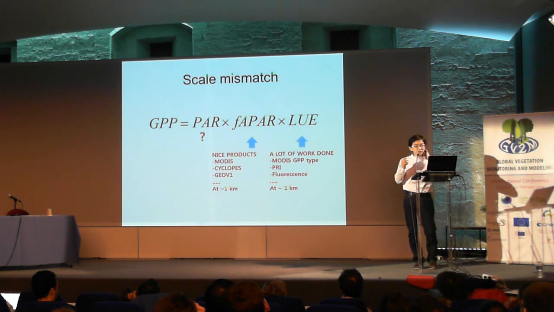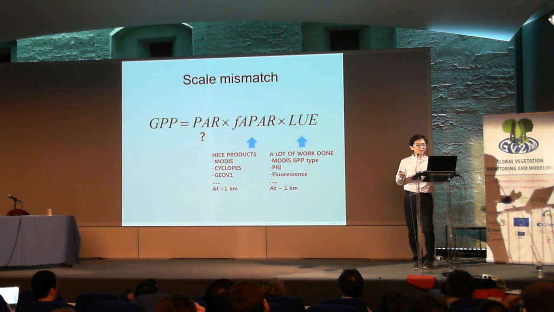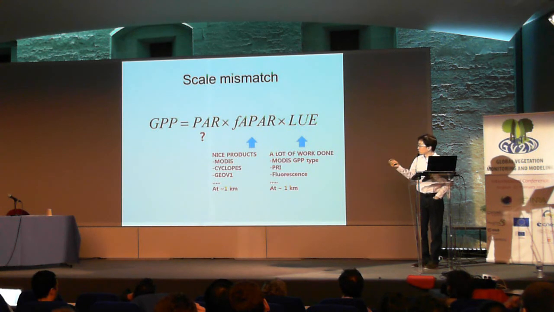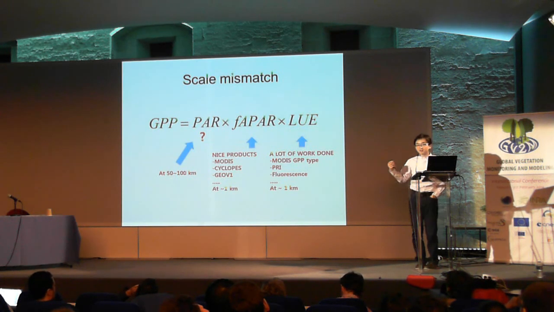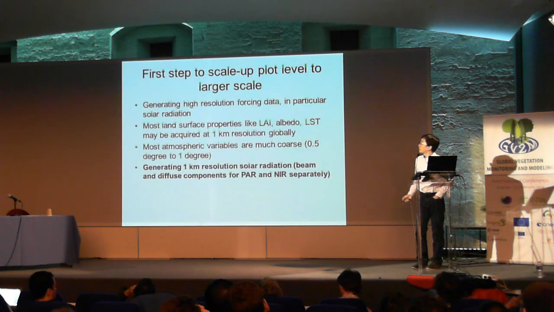I know that Shunlin Liang has one paper in 2005 in JGR about the MODIS PAR product, but there was no global product. Now people use at most 50 to 100 km resolution PAR maps when applying their studies at regional, continental, and global scales. So there is a huge scale mismatch between PAR and these two components.